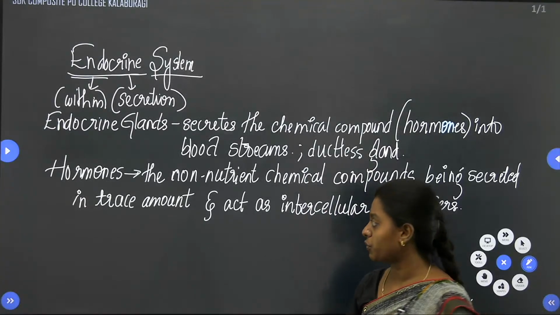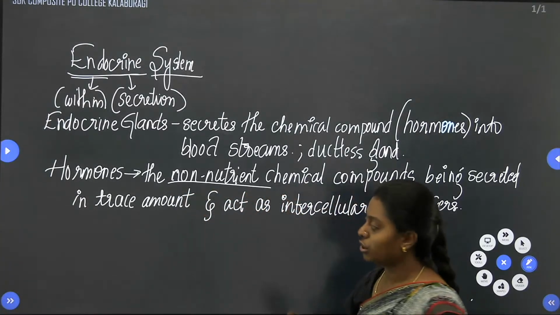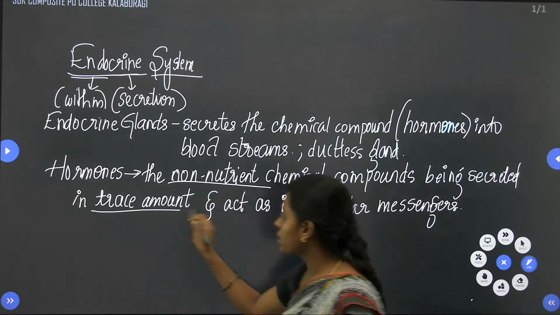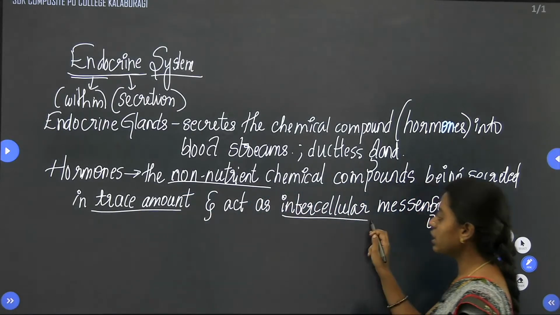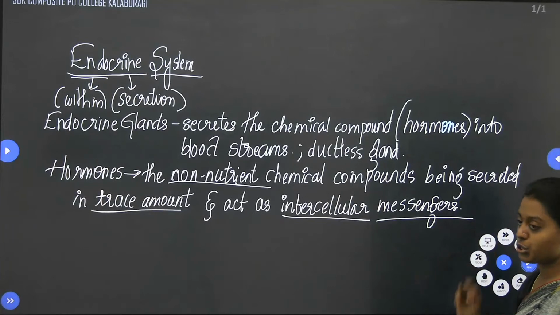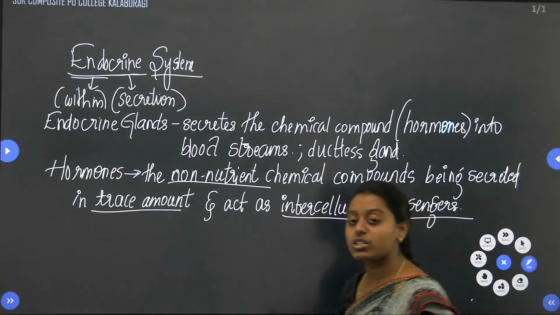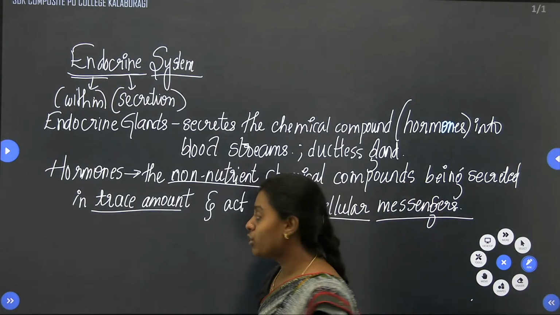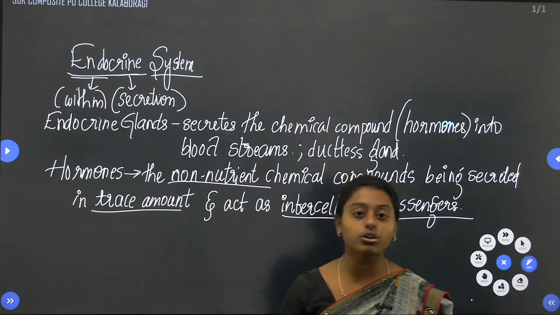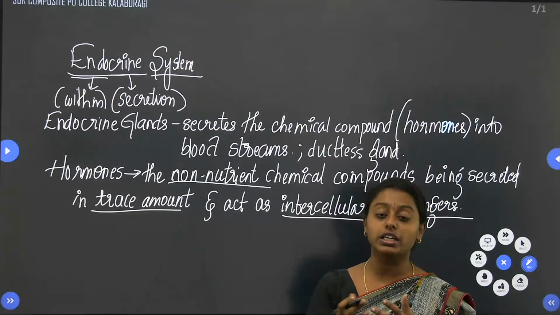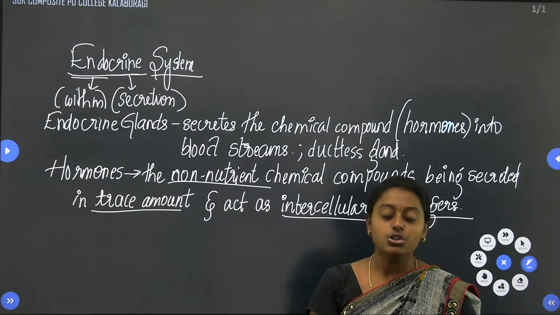Here we can observe three major words: non-nutrient, trace amount, and intercellular messengers. Let us look into what these words are telling us. They are non-nutrients, so they are not providing any energy to the body.